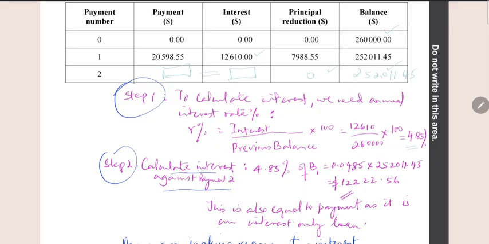So now using 4.85%, we can calculate the interest on the previous balance, which is 4.85% of B1, the balance at the end of the first year, and that works out to be 12,222.56, and that takes this place.